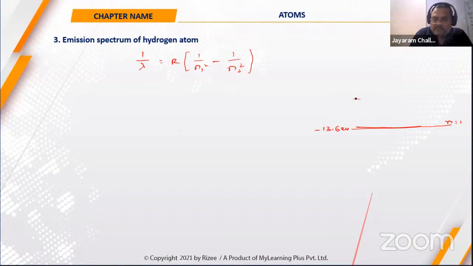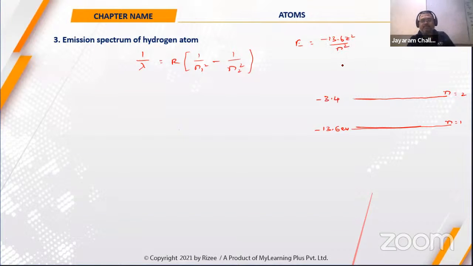Now, the next one, that is the first excited state, where the n value is equal to 2. The energy of the first excited state will be minus 3.4. How can you get it, sir? By using the same relation, minus 13.6 into z square by n square, substitute n is equal to 2, that is 13.6 by 4, you'll be getting the same relationship.